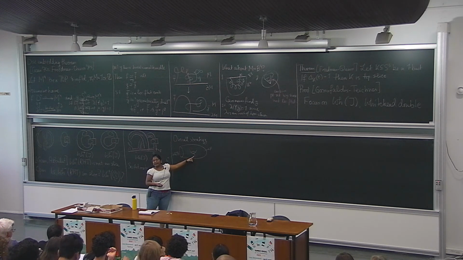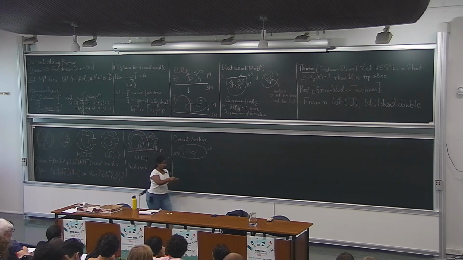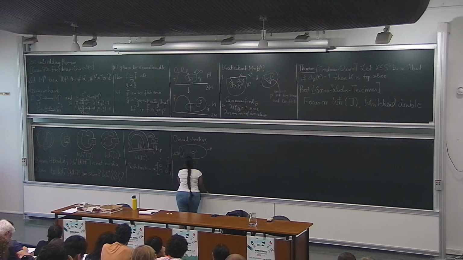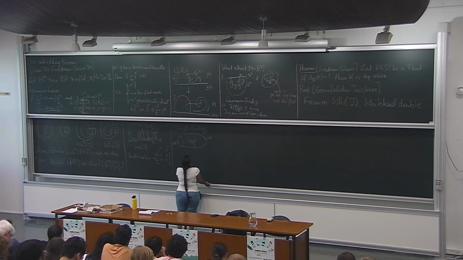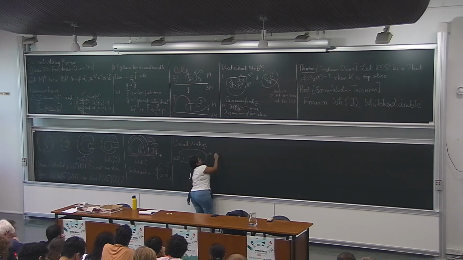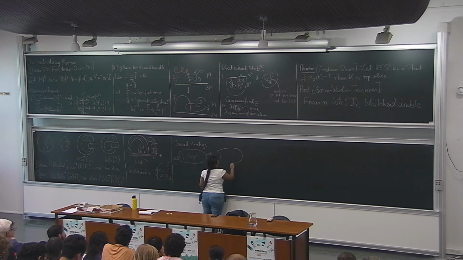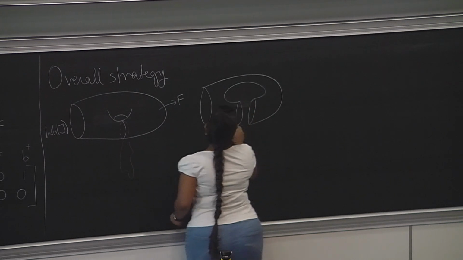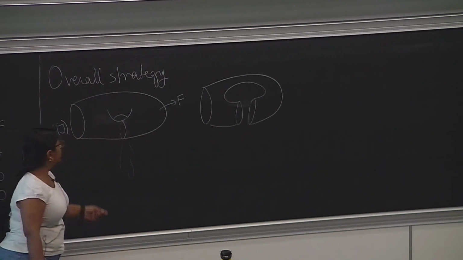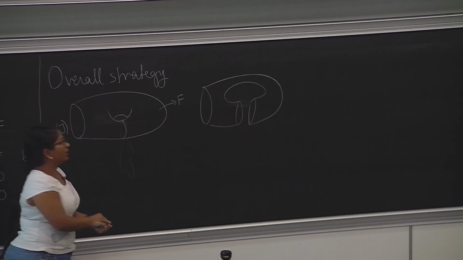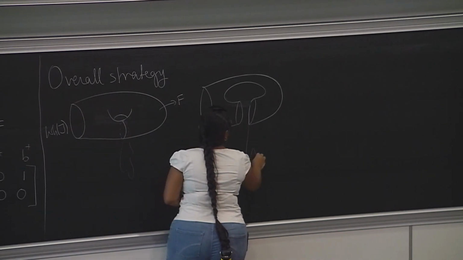And the reason I like this is if I could find such an embedded disk, then I could cut my Seifert surface along that red circle and then glue in 2 copies of that disk.